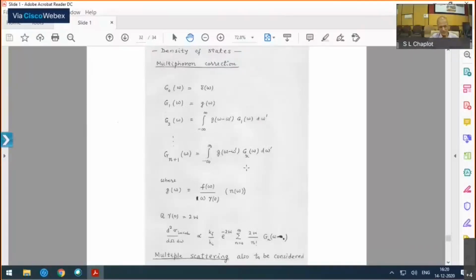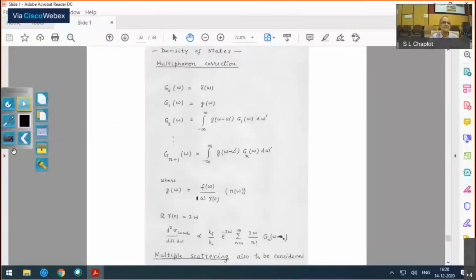Experimentally, if you have the experimental data, some analysis can be done in an iterative manner, and it is also done that way. Now, what are the weightages of these various terms here?